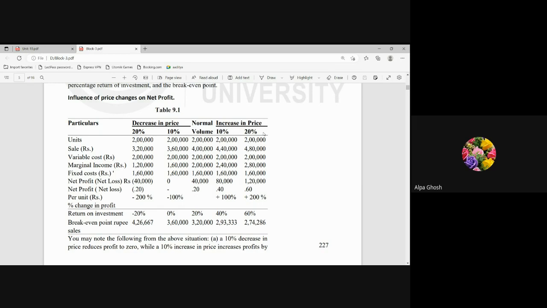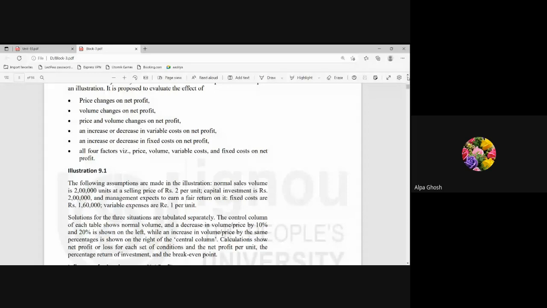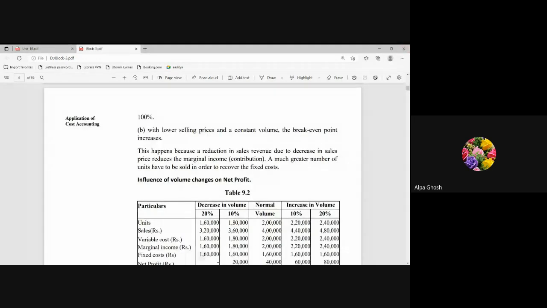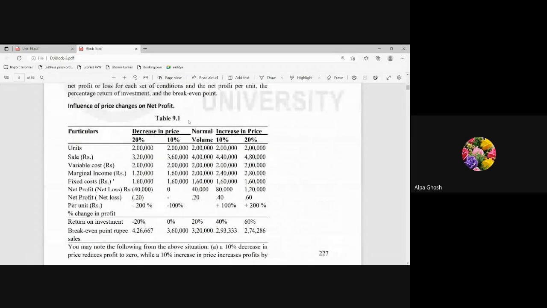So if it is sale, for the first situation, sale is 3,20,000. Now how is this sale 3,20,000? 3,60,000, 4 lakh, 440 and 480. What they are saying is, at a selling price of rupees 2 per unit, total units are 2 lakh.